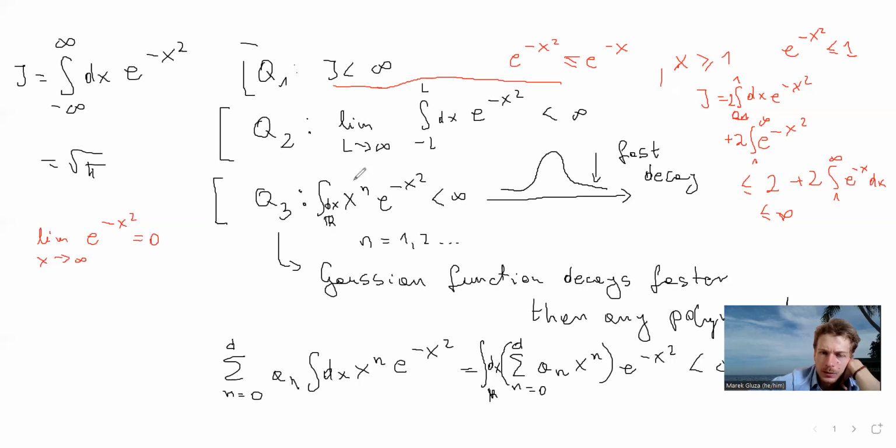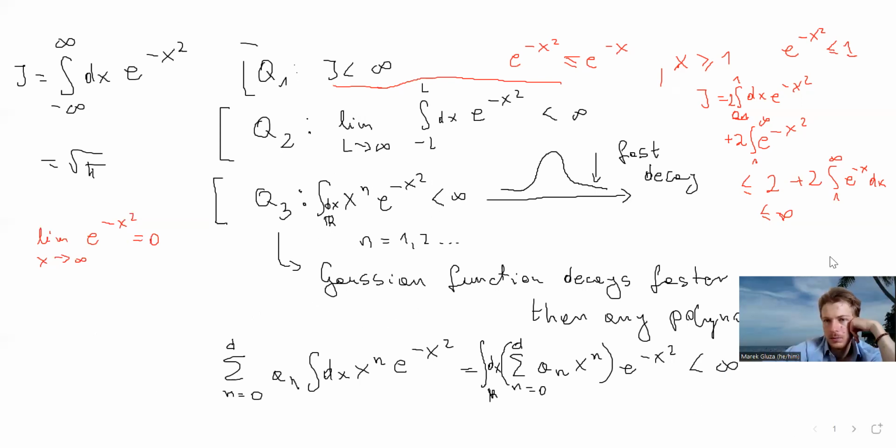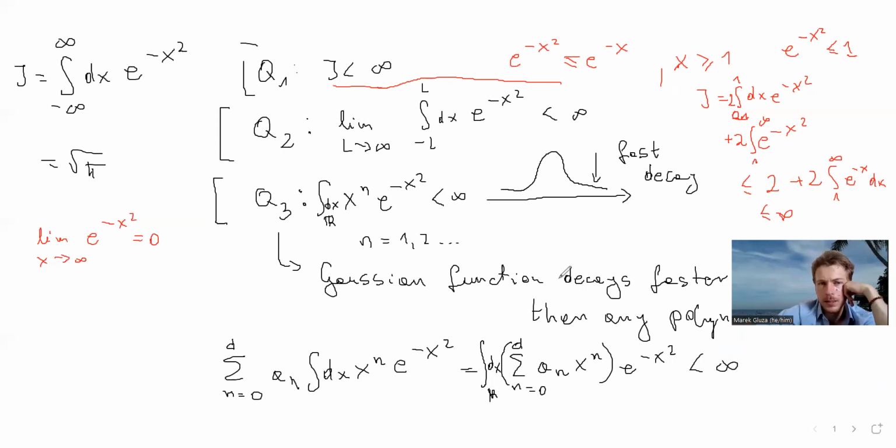This was useful because we can also generate those polynomials as derivatives of the Gaussian function. So that's useful for other things. And basically, these are gradual improvements of questions of convergence. So first, does it converge at all? And then maybe we can ask how fast does it converge, and so on.